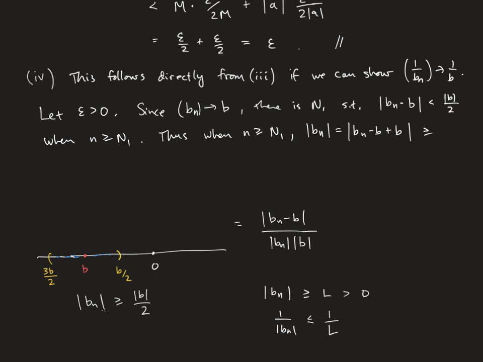And this is our first use of the reverse triangle inequality. Okay, so this is bigger than or equal to the difference of the absolute values of these two things. So we have the absolute value of bn minus b minus the absolute value of b, and we might not know which one of these is bigger, so it's the absolute value of that difference.